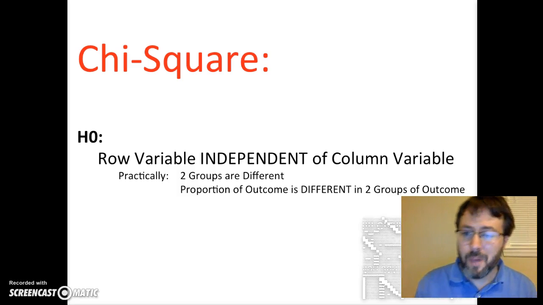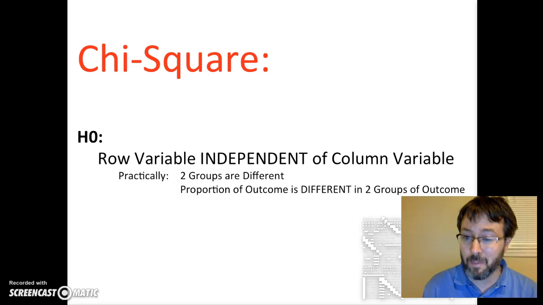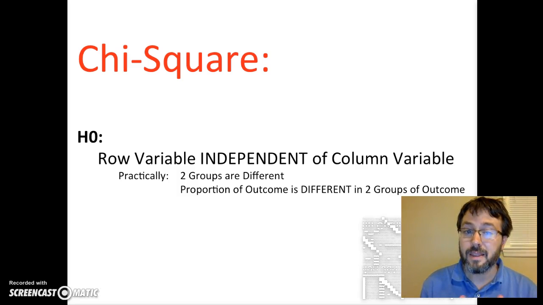So the null hypothesis for the chi-square test is that the row variable is independent of the column variable. So what that practically means is that the two groups are different. So in our case example, it's saying that the two groups are different for their stress levels.